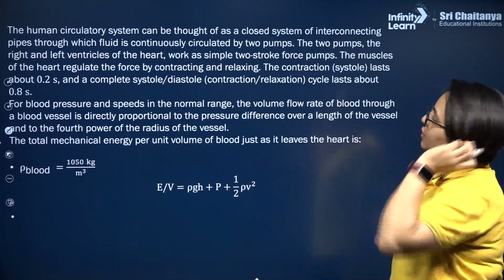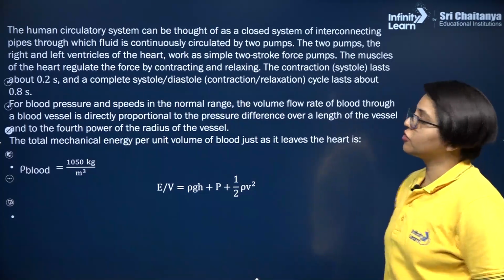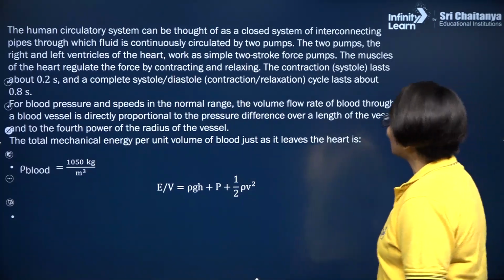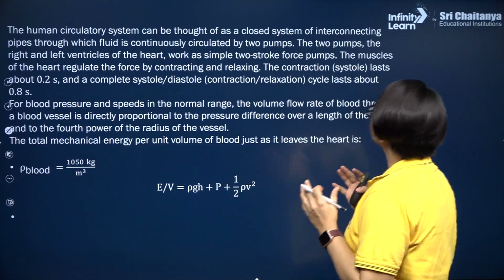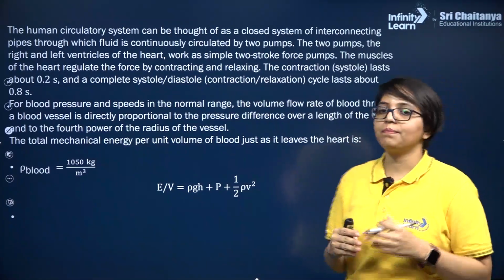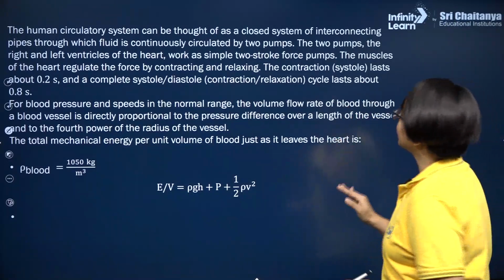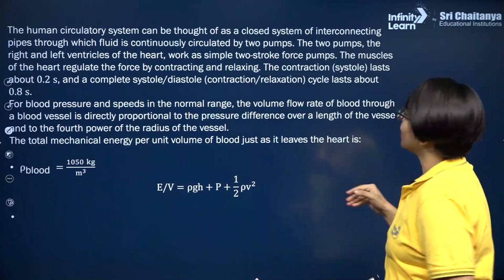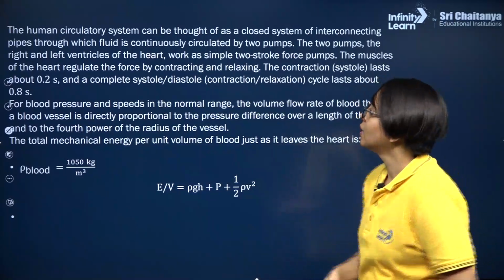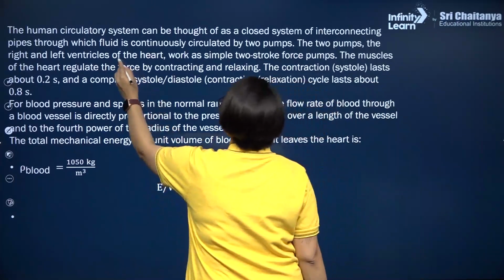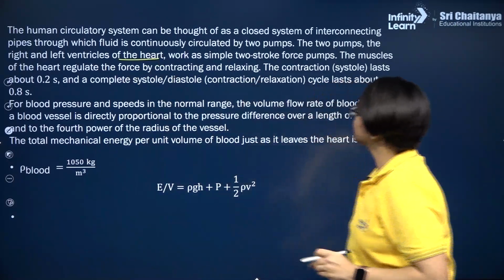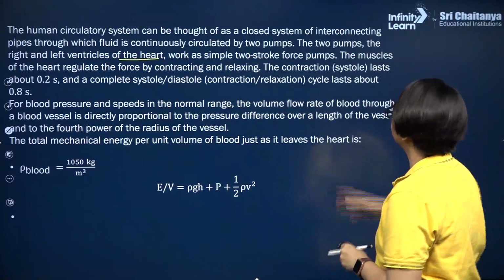Next is the human circulatory system can be thought of as a closed system of interconnecting pipes, through which fluid is continuously circulated by 2 pumps. The 2 pumps, the right and left ventricles of the heart, work as simple 2-stroke force pumps.